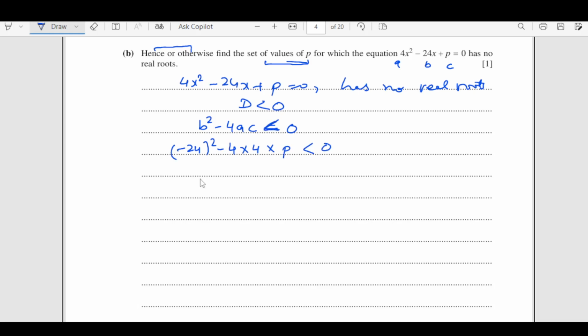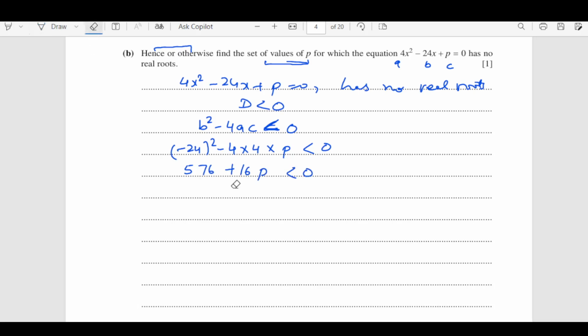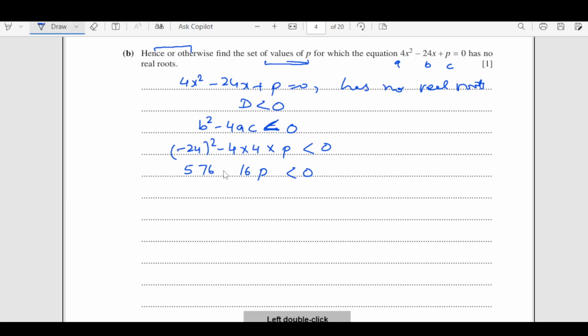So 24 squared is 576 minus 16p is less than 0, so this one is negative here. Then we will have 576 is less than 16p.